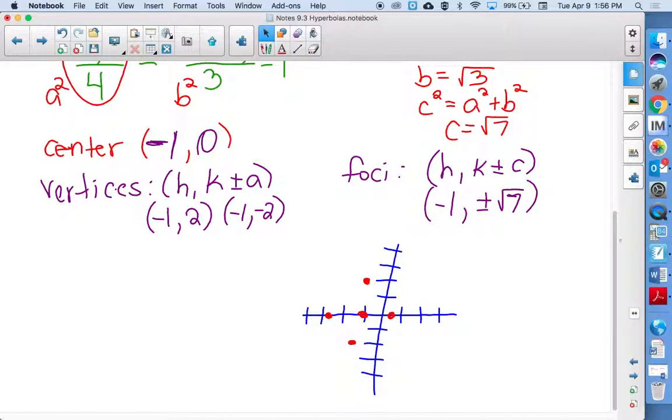Now I'm going to make a box. So my center should be in the middle. I'm going to connect those 4 points by 2 horizontal lines, 2 vertical lines, making a box. So horizontally up at 2 and down at -2, and then going vertical through those values of the conjugate axis. And then you're going from the center to each corner of the box that creates your asymptotes.